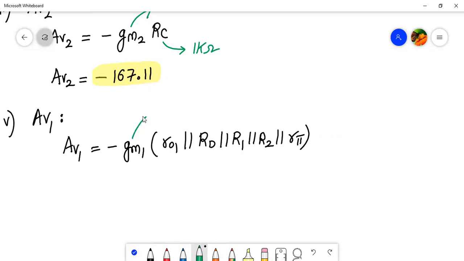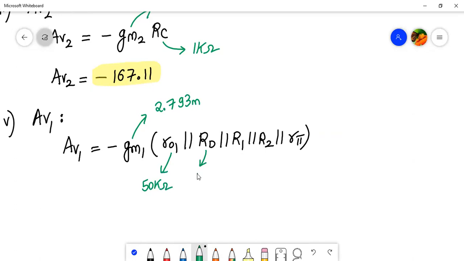So first value is gm1. How much is gm1? Let me check it out once. Yeah, gm1 is around 2.793 milli, right? So that's the value of gm1. And next, RO1 is given as 50 kilo ohm.